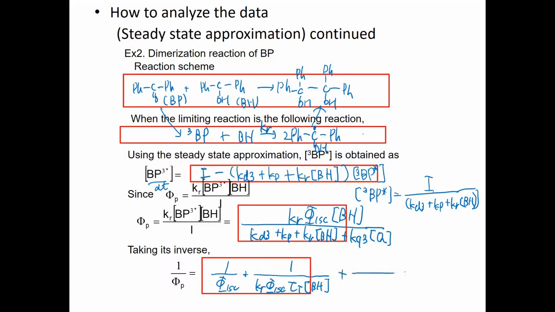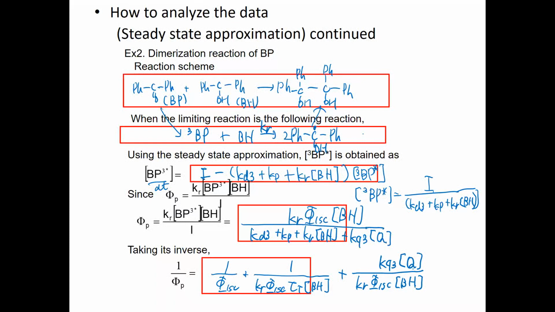So please try for yourself to do this calculation. But I will just show the answer for this. And KQ3Q. So it's now controllable by the BH concentration and the Q concentration.